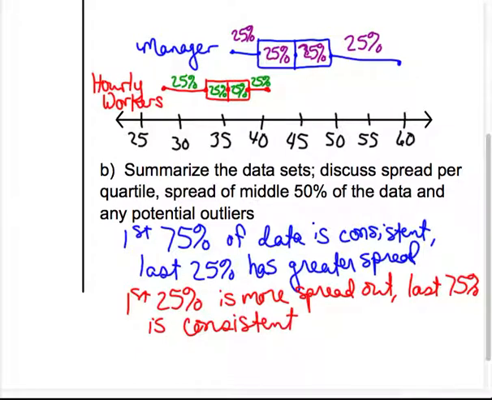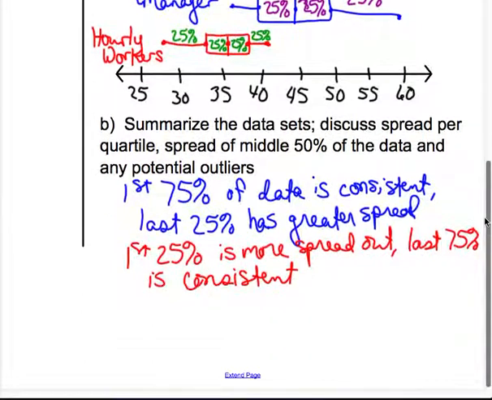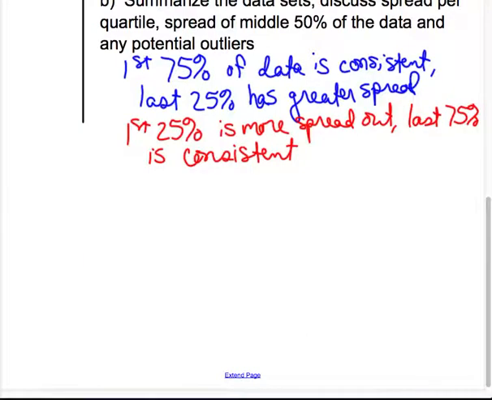All right, so that's a summary of the data sets. I discussed the spread per quartile. It also asked me to discuss the spread of the middle 50% of the data, which for both of those is fairly consistent. We talked about that even though the whiskers are a bit longer, they're not huge, so I don't think there are any outliers.